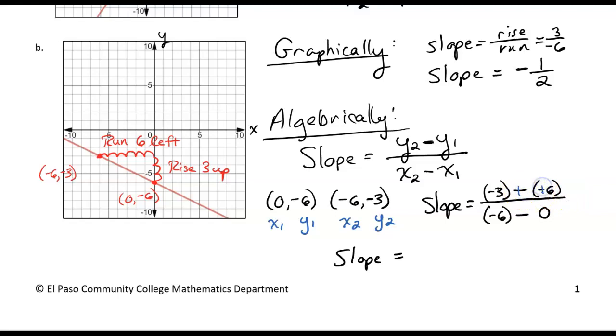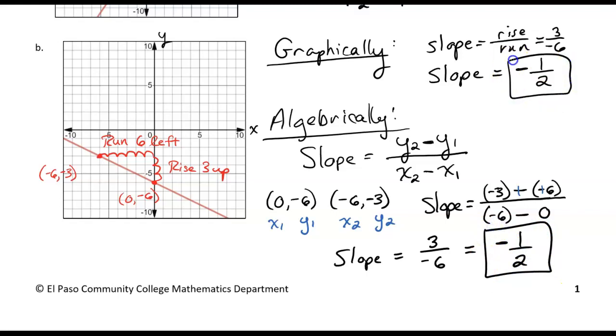Well, the negative and the negative turn positive on the 6 here. Negative 3 plus 6 is a 3. And the denominator, negative 6 minus 0, is negative 6. Notice, that's the same measurement we made with the rise and the run. And we said that reduces down to negative 1/2. So our slopes turn out to be the same.